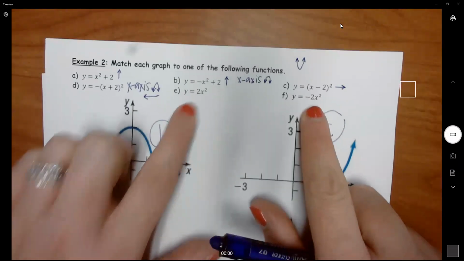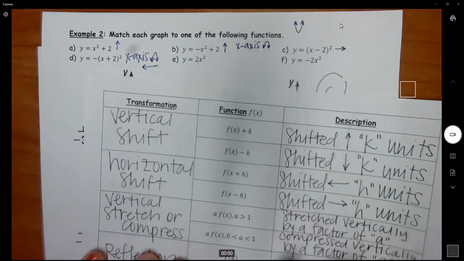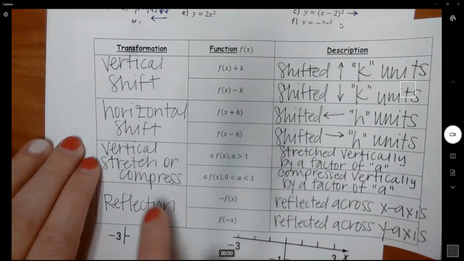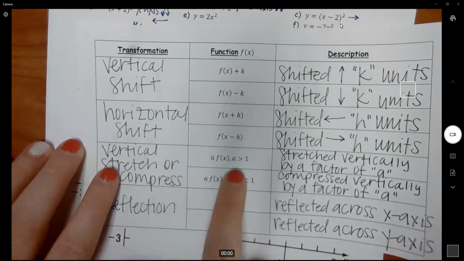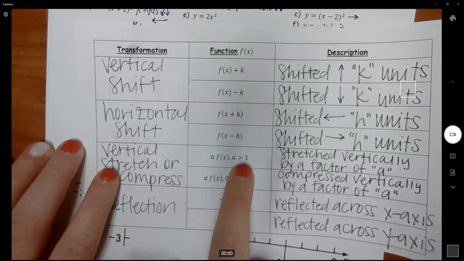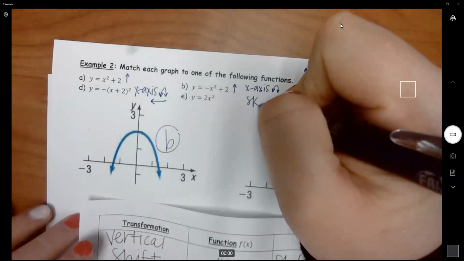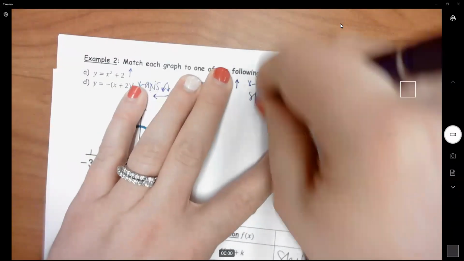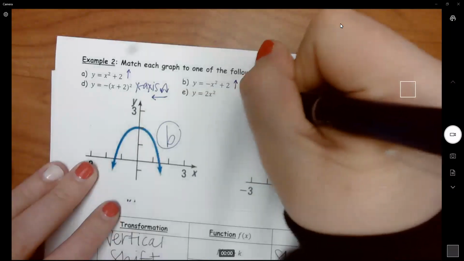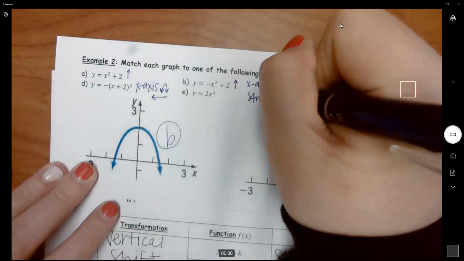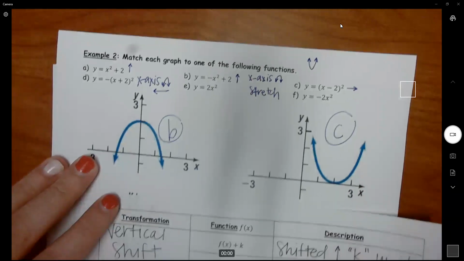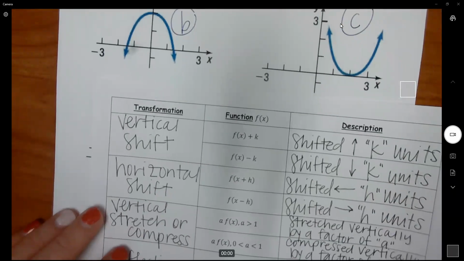Okay, so now these are being stretched vertically because my A is greater than 1. So these both are being stretched.